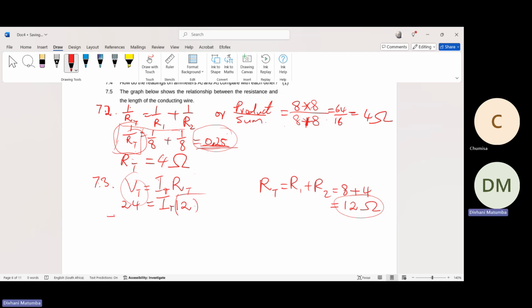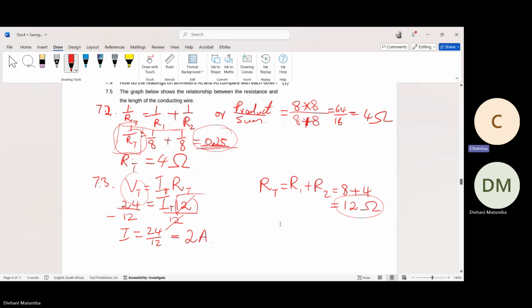Now for I, if I divide both sides by 12, the 12 will cancel. Then I is given by 24 over 12. What is 24 divided by 12? 2 amperes.